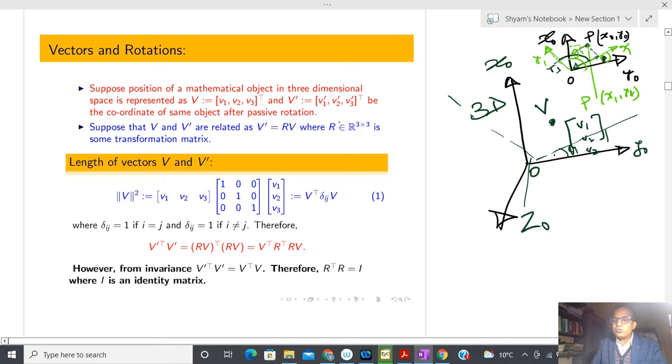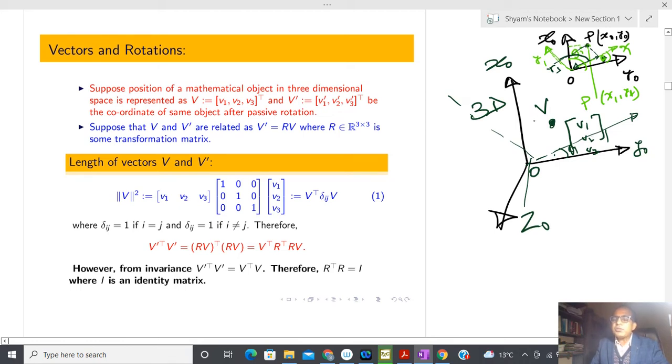It is possible to show that since the point remains the same and we have rotated the new frame with respect to the existing frame by theta, they are somehow related.